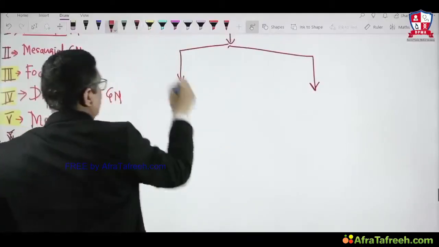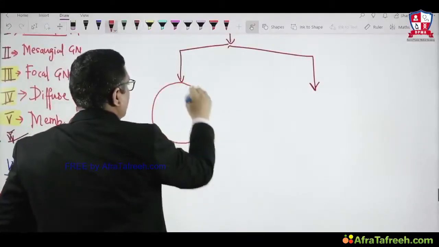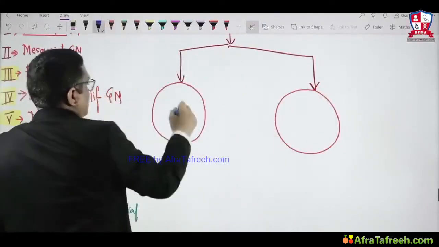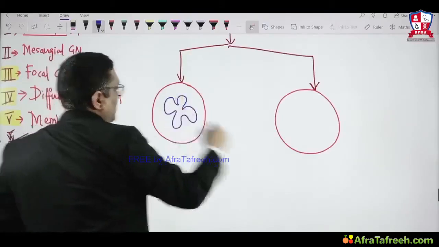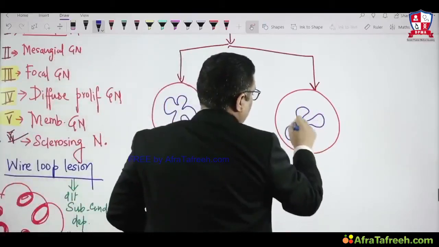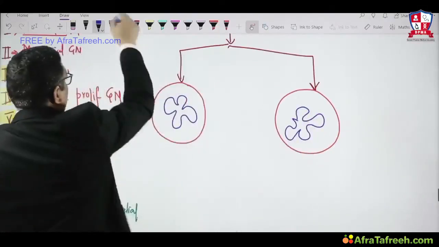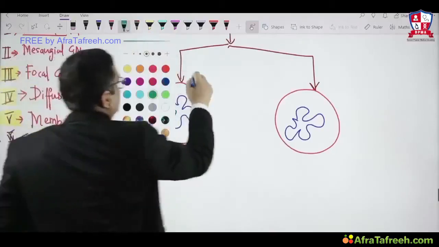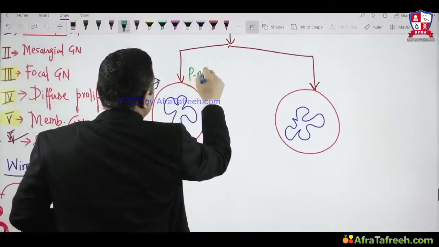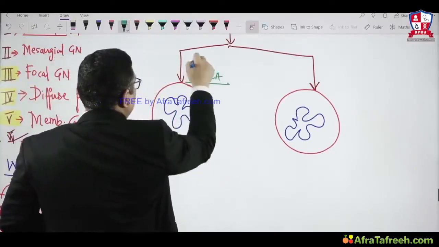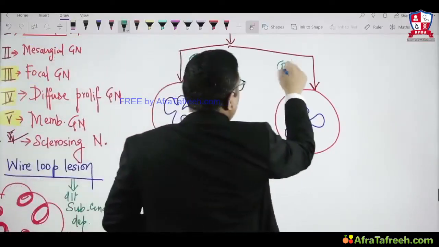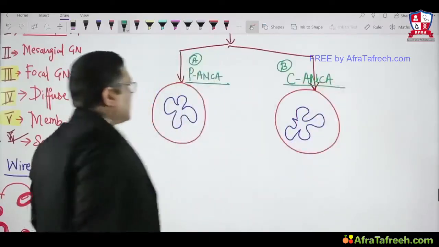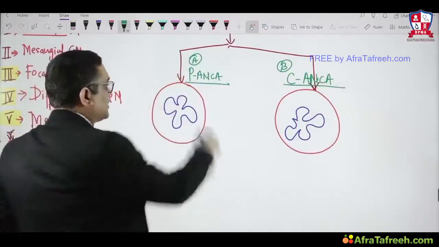Whenever you see a neutrophil, I'm just drawing two neutrophils for the understanding. We all know there is a nucleus with 3 to 5 lobes. Now I am going to talk about two types of ANCA: P ANCA, number 1, and C ANCA, second.